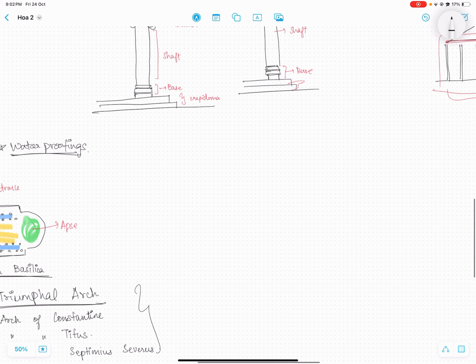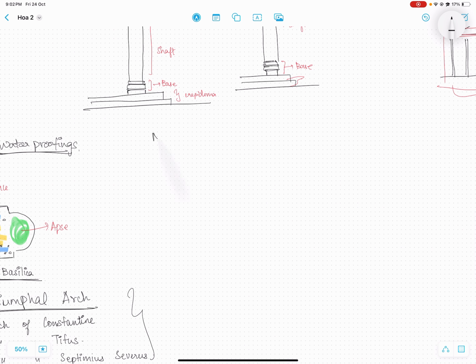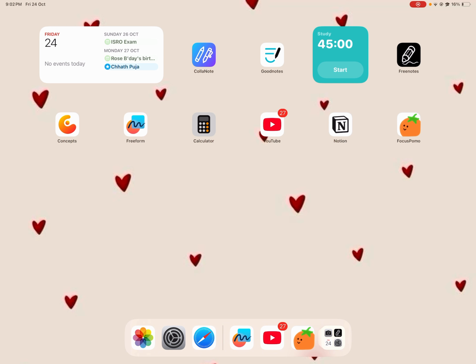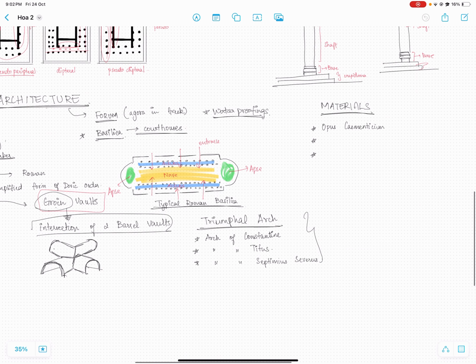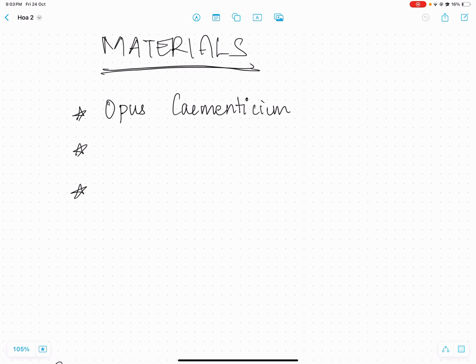Then about the materials. There were three materials that were predominant.